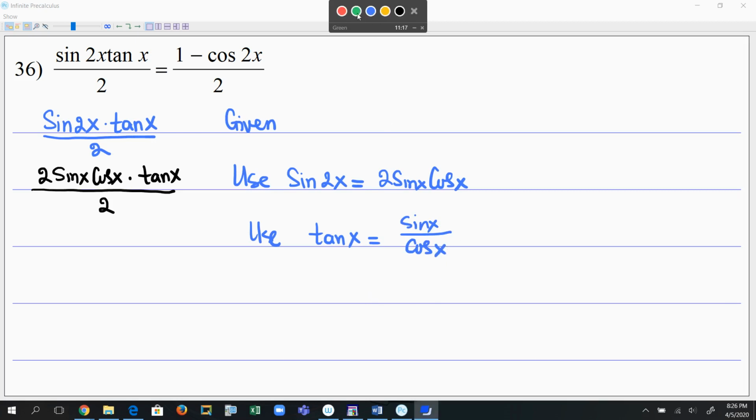So we copy everything else. May I go ahead and use a different color here so it'd be easy for us to see. So 2 times sine x times cosine x, except with tangent now. For tangent, I'm going to replace or substitute by sine divided by cosine. Then copy the rest.